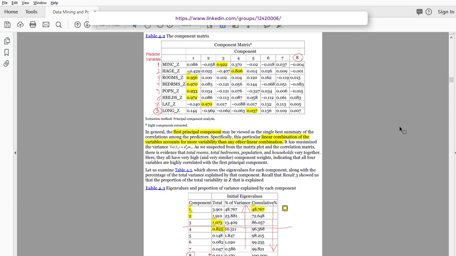Result 2 is about this idea that the correlation is something that the principal component is working on. So when we want to combine the different variables, we do it by calculating the correlation of the variables. Okay, and by the correlation of the variables, we will find the variables that are close to each other, and then we combine them as a principal component. So the components are coming from the combinations of the variables based on how they are close to each other and how they are related to each other.